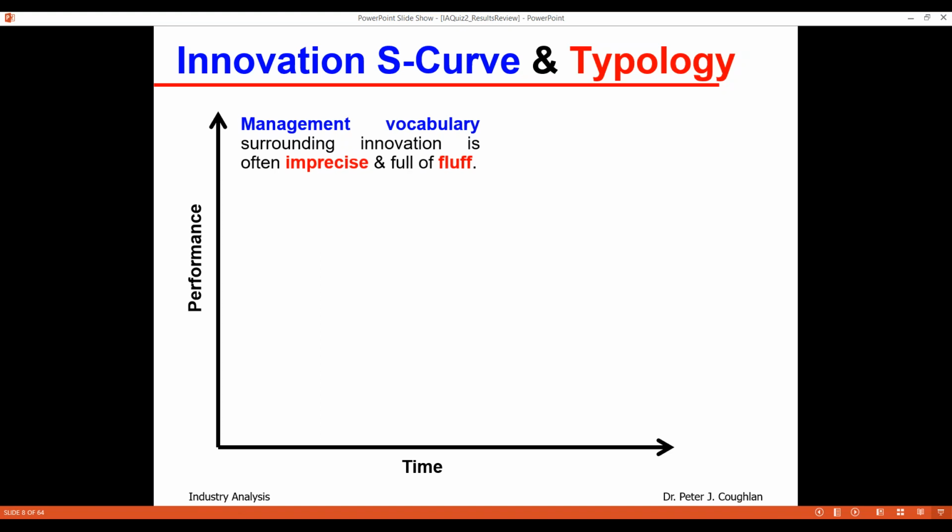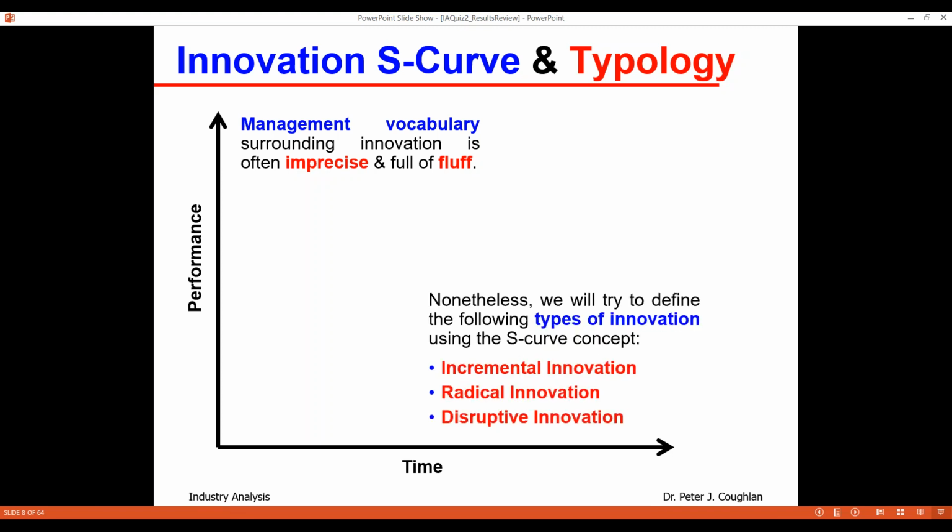And so the idea is we're going to use this to understand a little bit about management vocabulary when it comes to innovation, because it's often very imprecise and full of fluff. People throw terms out there, radical, discontinuous, disruptive, etc., that you can lose track of what they really mean. But we'll try to nonetheless define the following types of innovation using the S-curve concept: incremental innovation, radical innovation, and disruptive innovation.